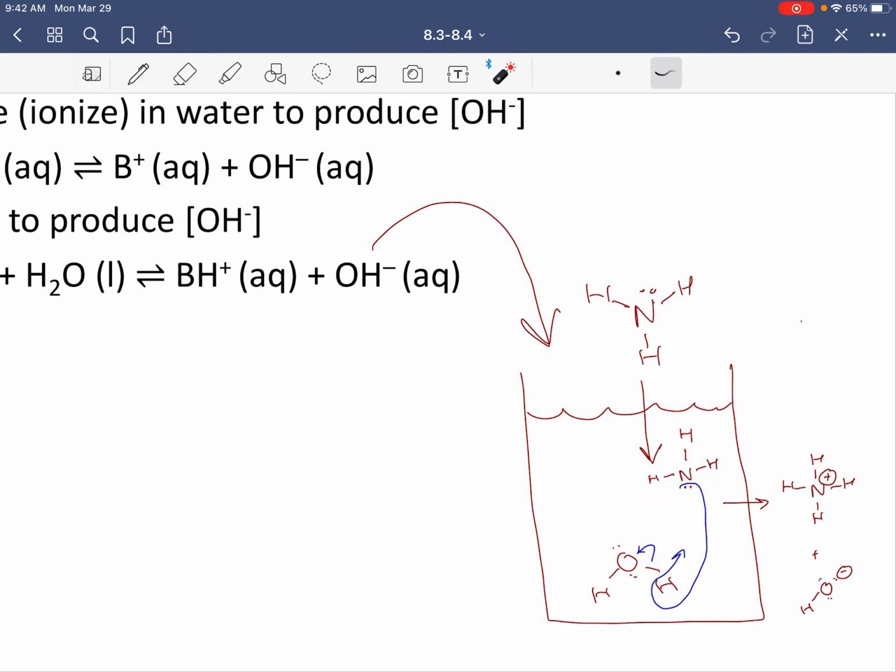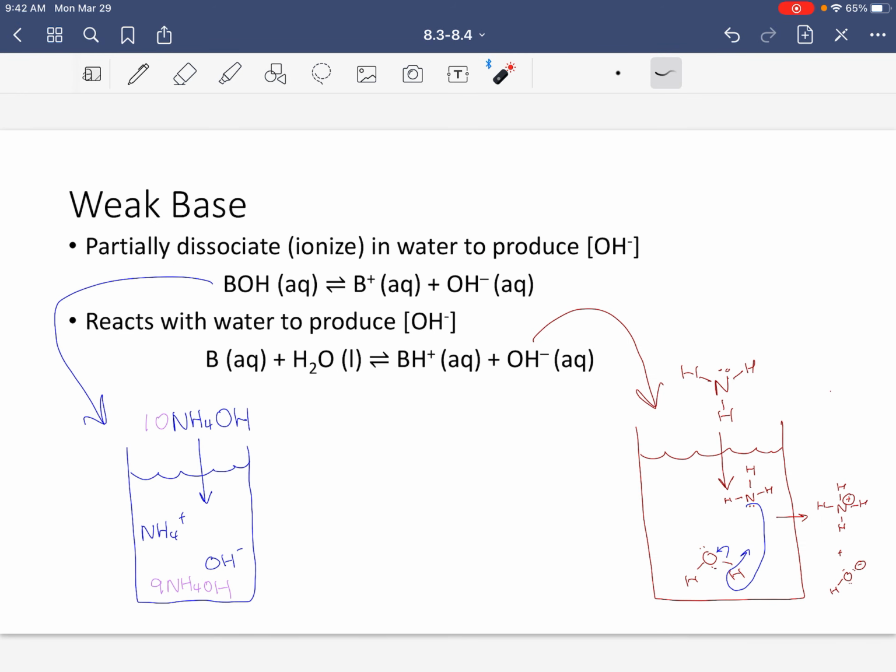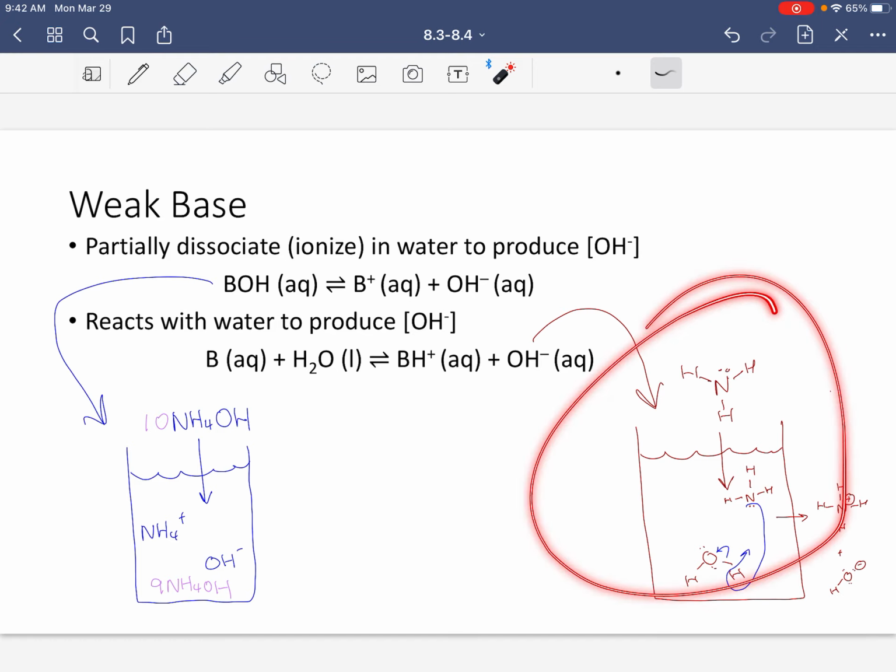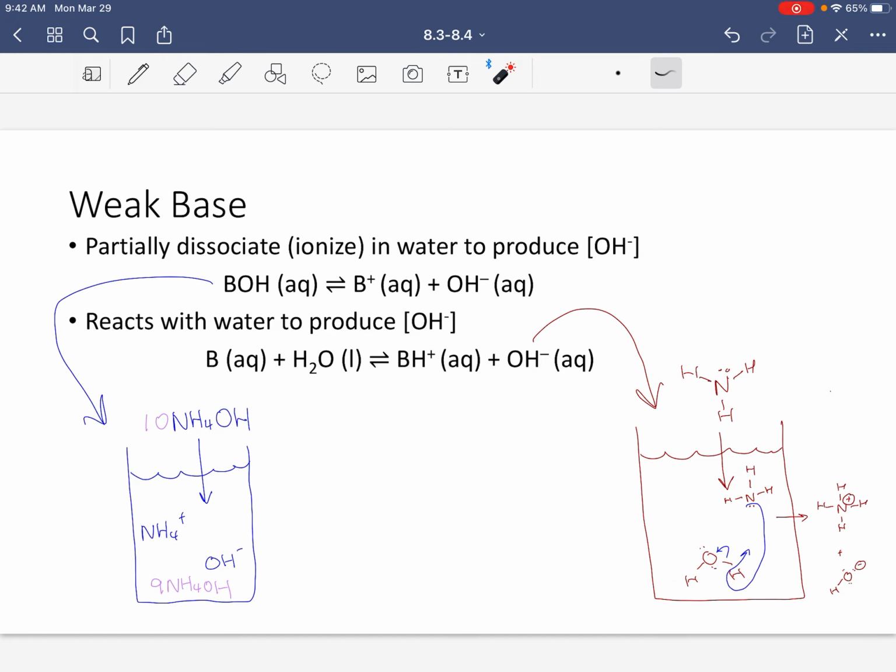The dissociation here obviously is not full. That's for sure. Anyway, that's weak base. A little bit more difficult, I guess, than weak acid because of Bronsted-Lowry base, but this is something that I hope you guys understand.